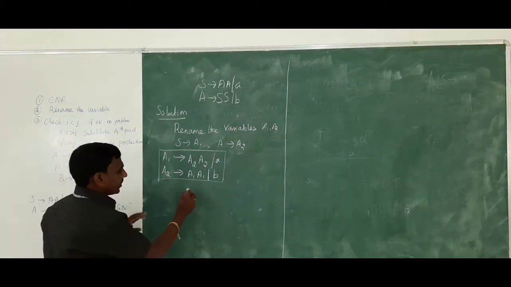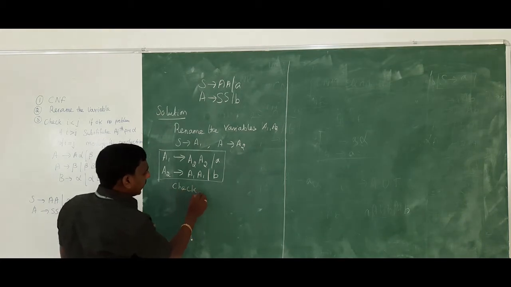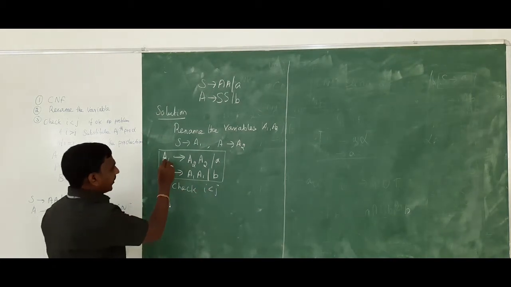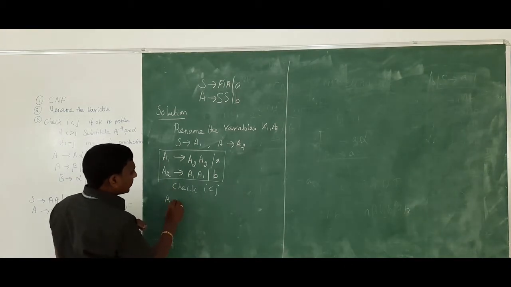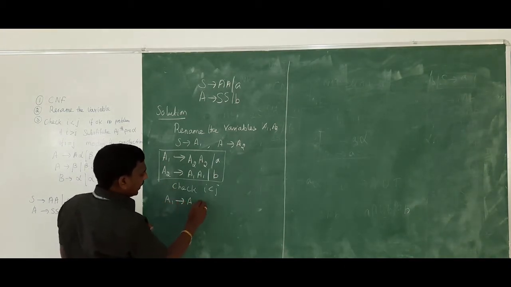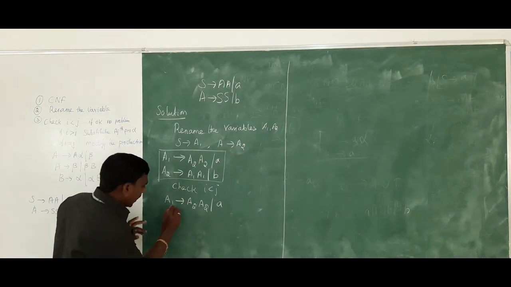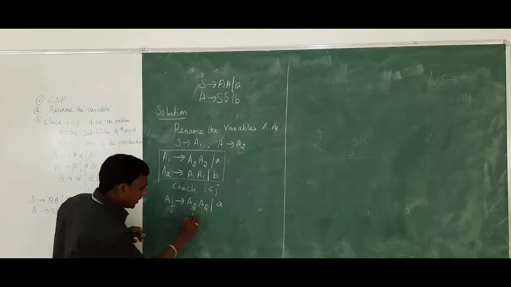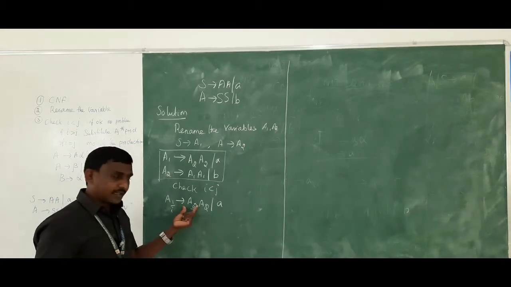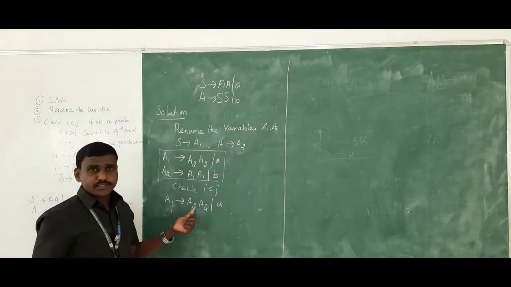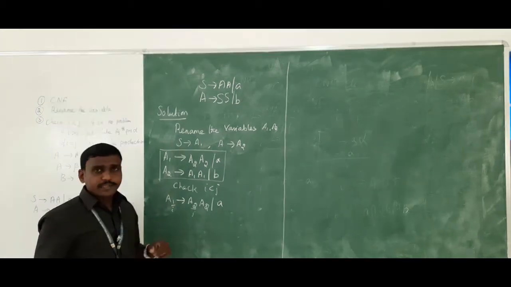Third one, check i less than j. What is i? See, if I take the first grammar, A1 tends to A2 slash A. This is the first grammar. This is the ith production. This is the jth production. Not the arrow itself; the one before the arrow is the ith production, and the one after is the jth production.